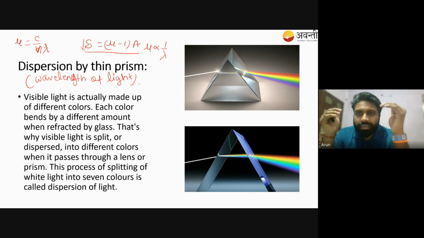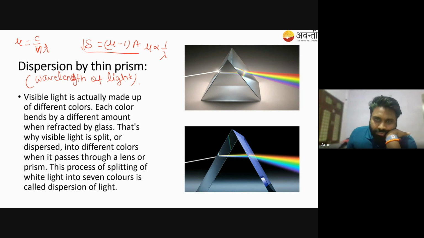That is why red color shows the minimum deviation. If you try to measure the angle, this red color comes farthest, and violet comes at the start, because the wavelength of violet is less than the wavelength of red. If the wavelength is lesser, then mu of violet will be greater than mu of red.